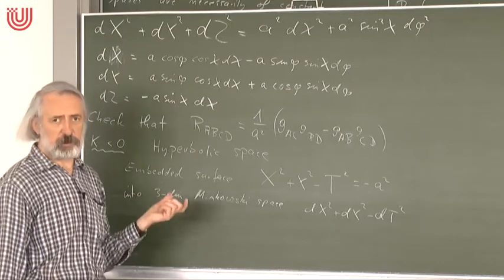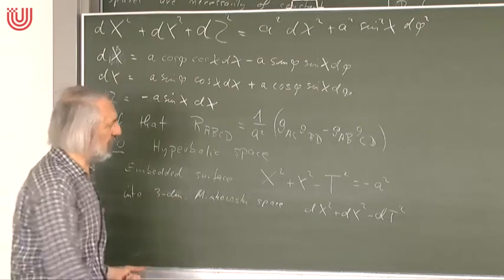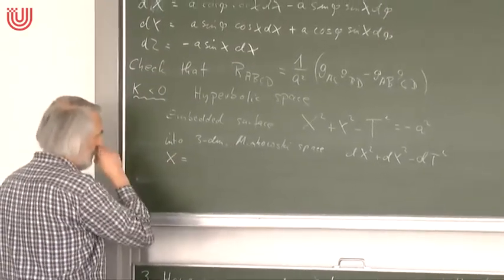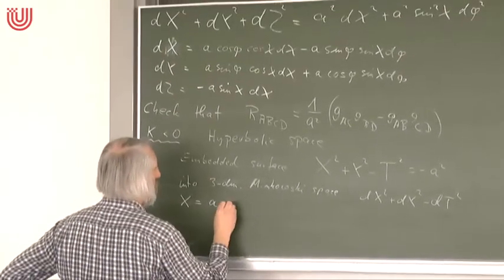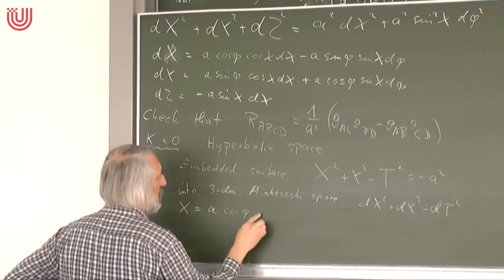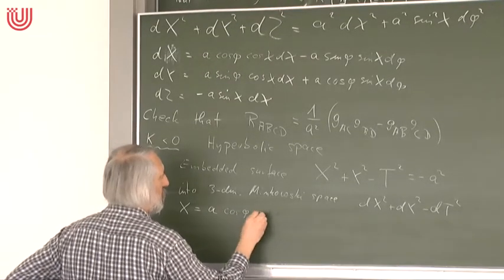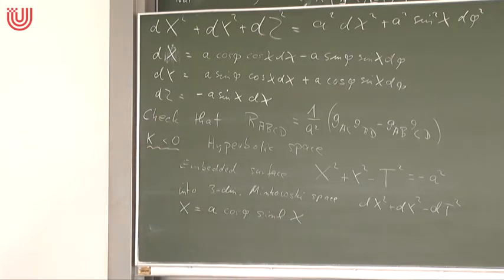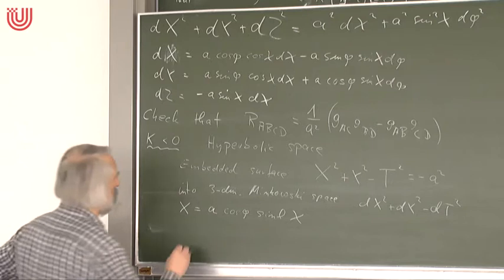So you have sine by hyperbolic sine and cosine by hyperbolic cosine. Let me see if I get it correctly. So if I write x is a, we had cosine phi, and here we had sine of chi. Now I write sinh of chi. Yeah, so I replace the trig function by the hyperbolic trig function.